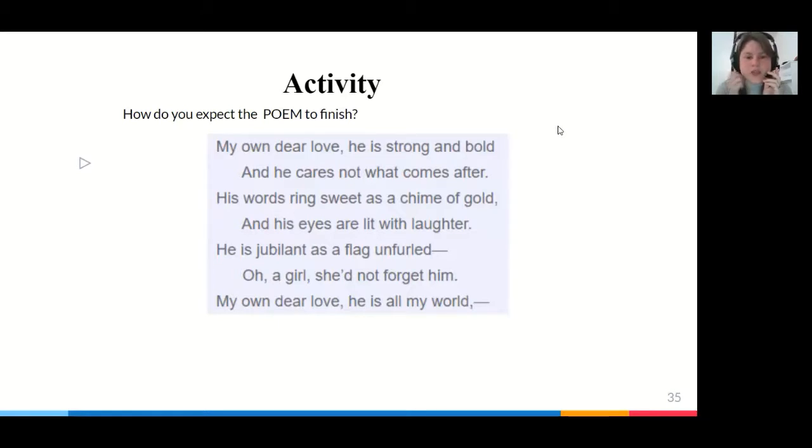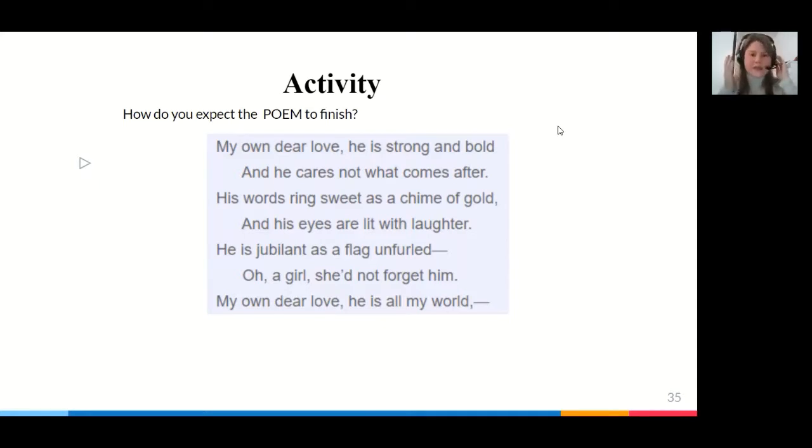His words ring sweet as a chime of gold, and his eyes are lit with laughter. He's jubilant as a flag unfurled. Oh, a girl should not forget him."